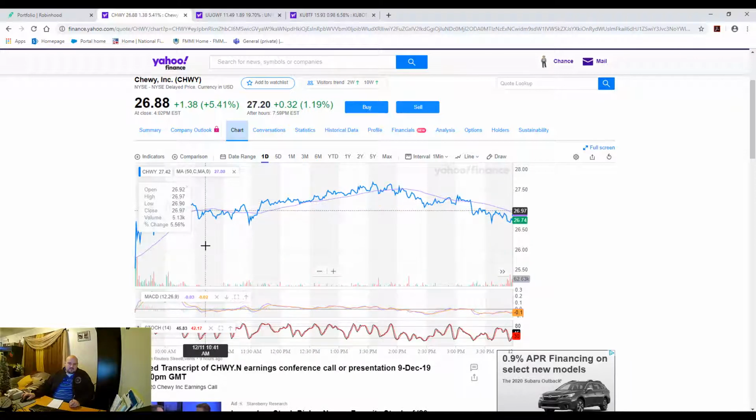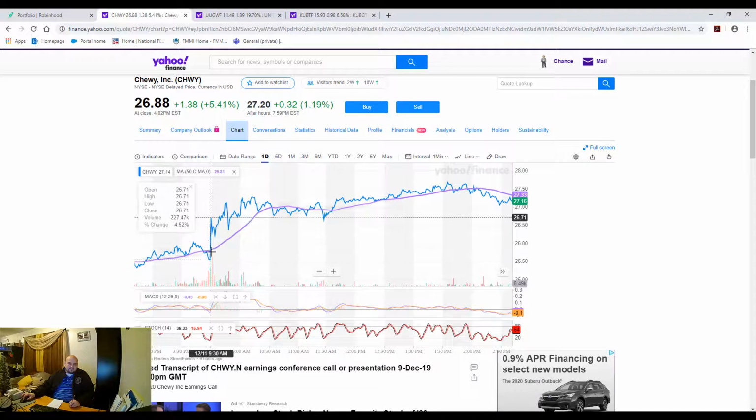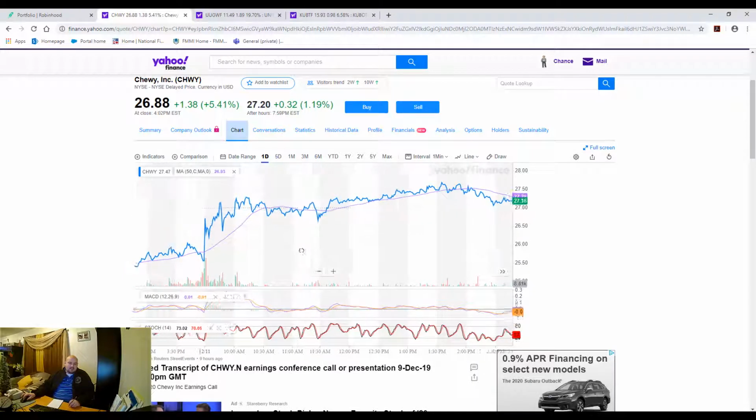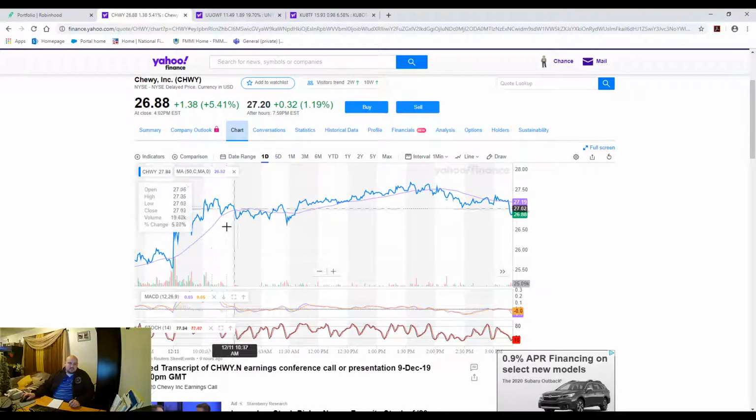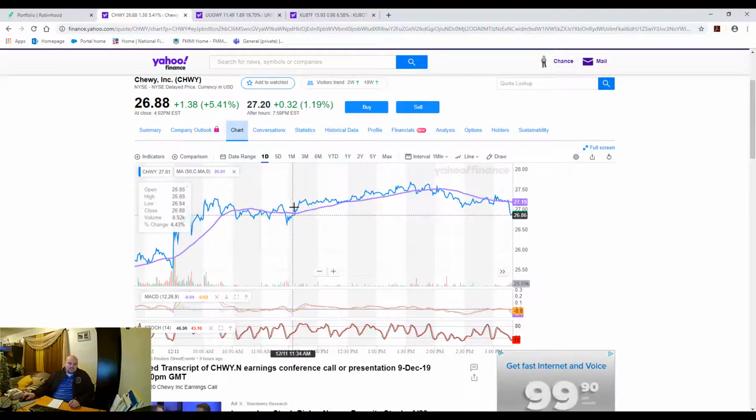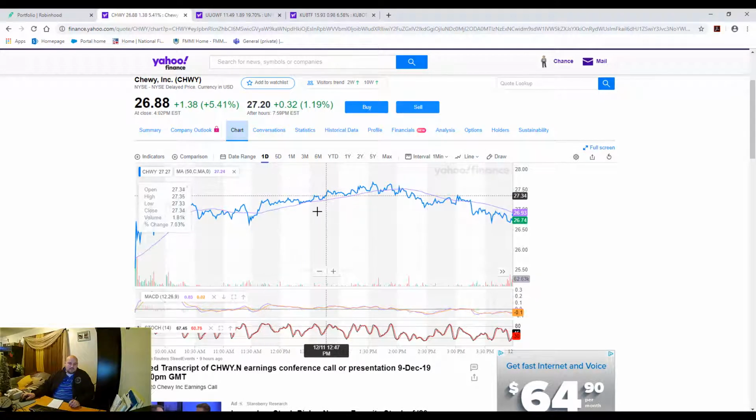So there's a lot of good information here on this chart that just at a glance you kind of see where you want your activity to be versus the 50-day average, and that'll help you decide what price you should be buying and selling at.